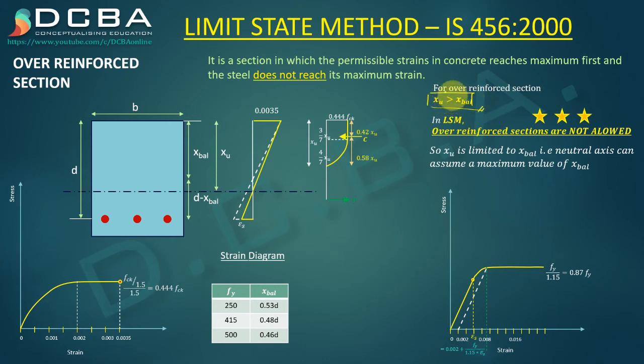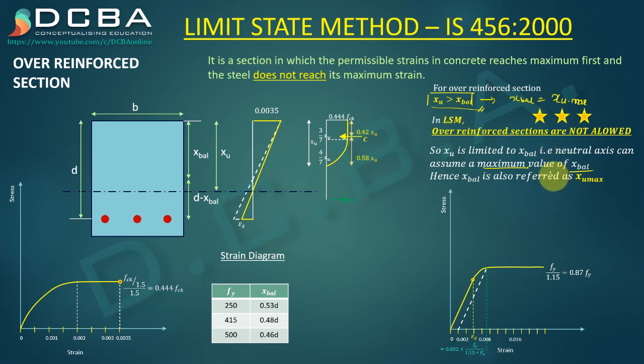So if we ever get XU greater than X balance, we will equate both of them, that is we will make XU equal to X balance. So the neutral axis can assume a maximum value of X balance, correct? X balance is the maximum value that any neutral axis can have. So I can also call this X balance equal to XU max. Hence X balance is also referred to as XU max.